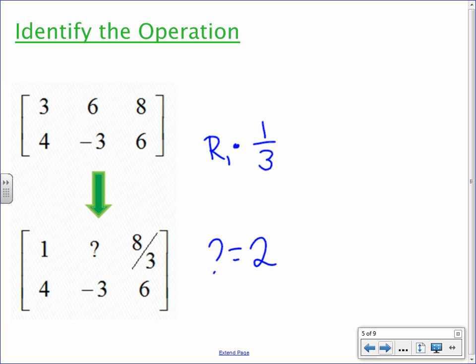Row 2 stays the same? Well, it doesn't stay the same.